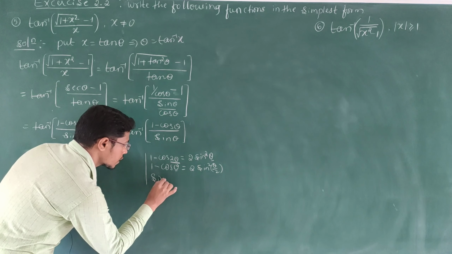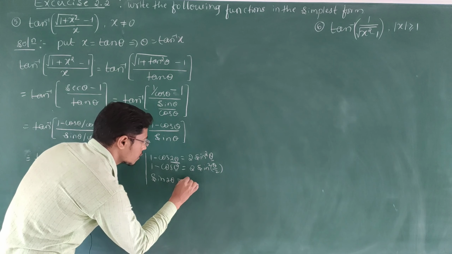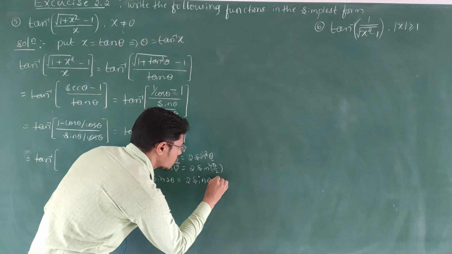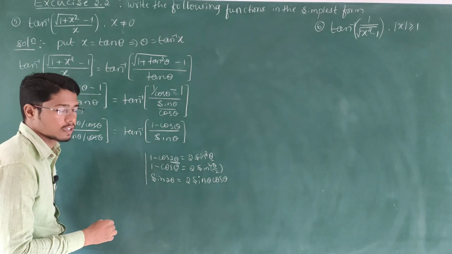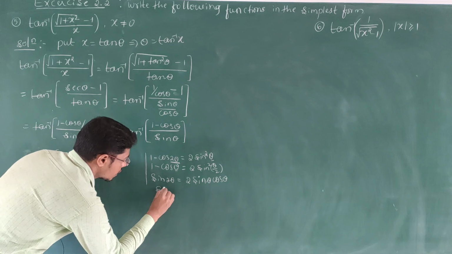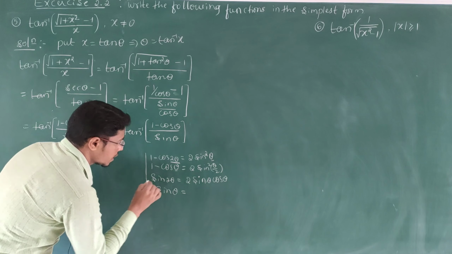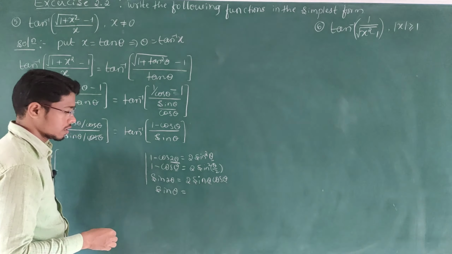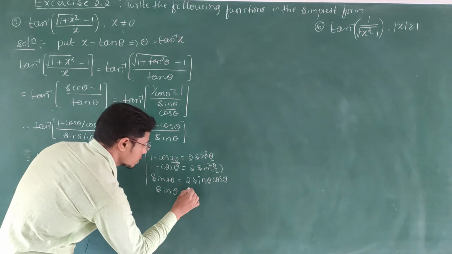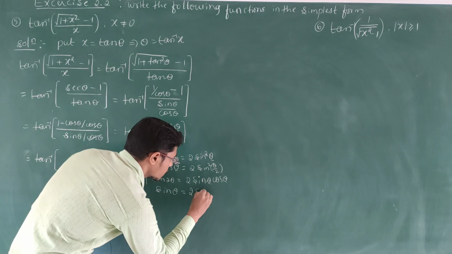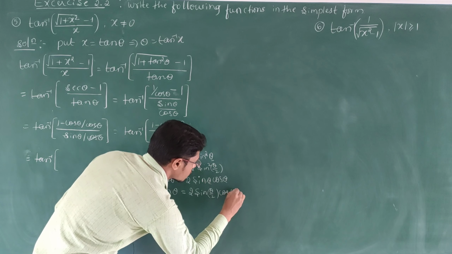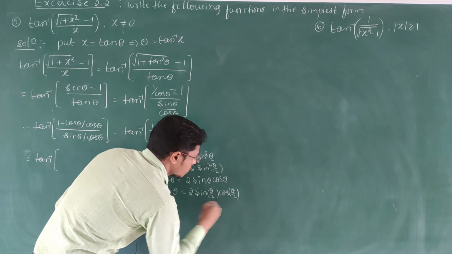So we know sin 2 theta, that is 2 sin theta into cos theta, right? So only if sin theta is there, theta will become half. 2 theta became here theta. Theta will become half, meaning 2 sin theta by 2 into cos theta by 2.